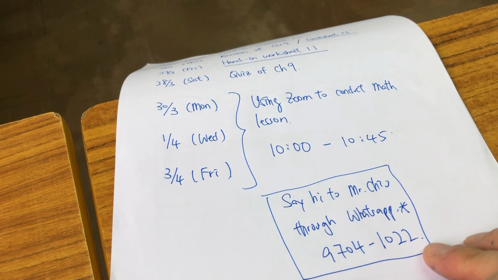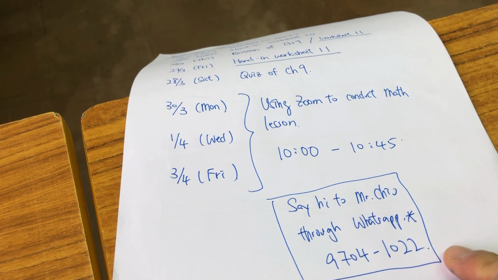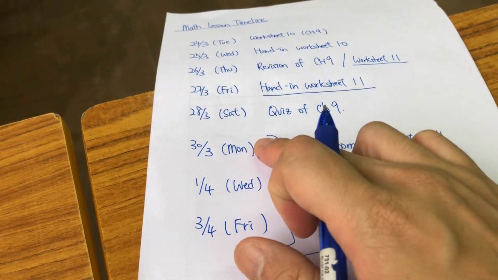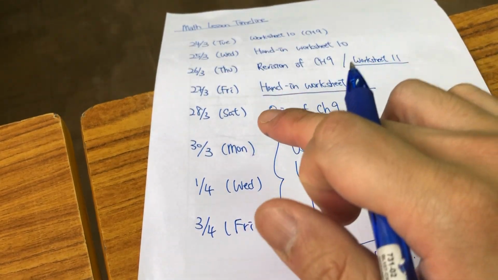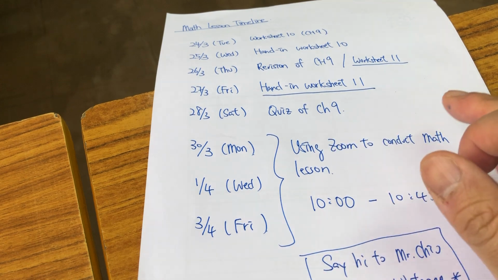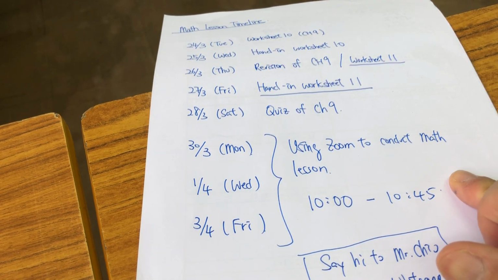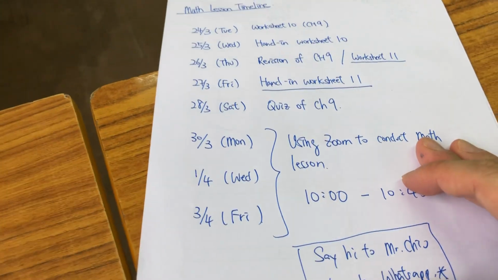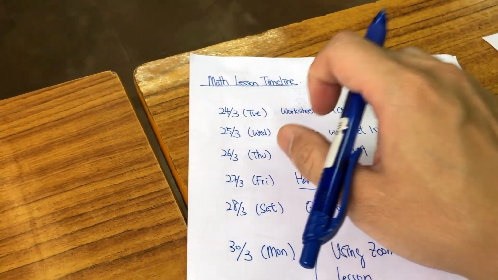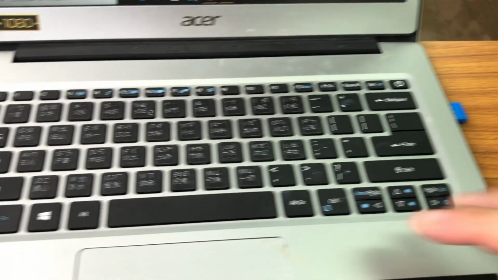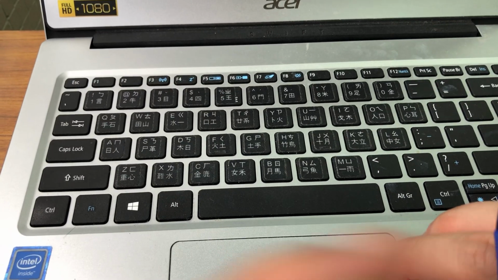After you say hi to me, I will add you to the group, so that on Monday, right before the lesson, I will tell you the information, the address and the password, so that you can join the math lesson there. So this is the timeline. Now let's go back to today's lesson.